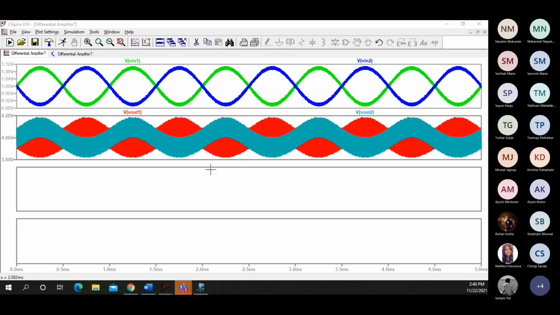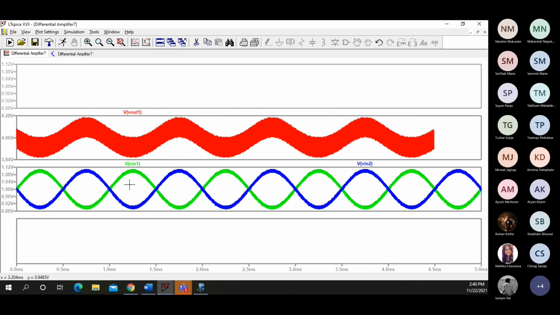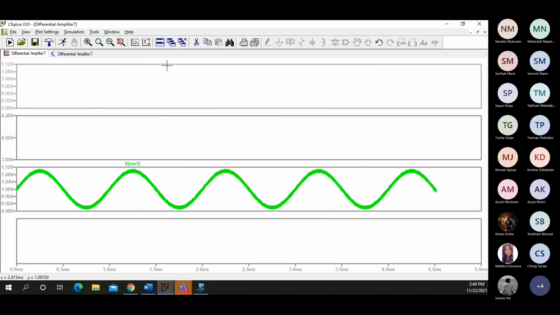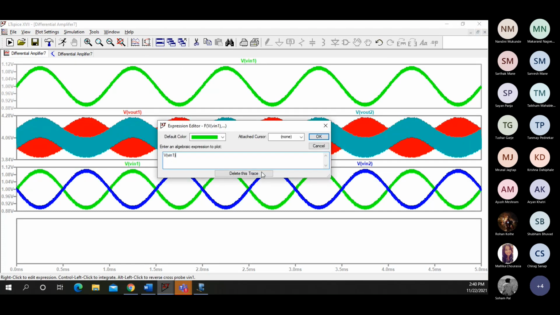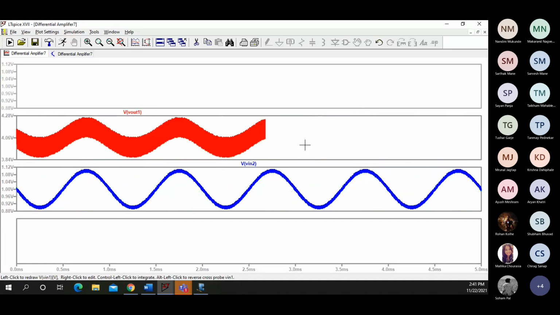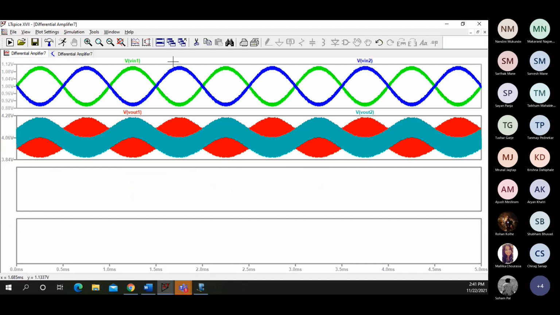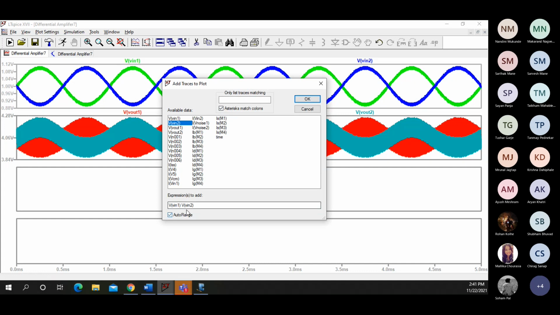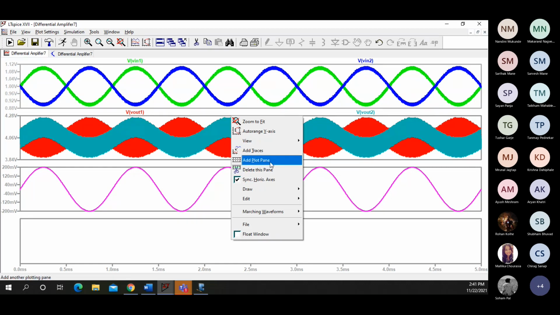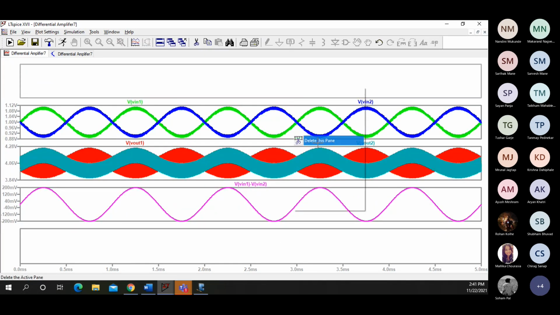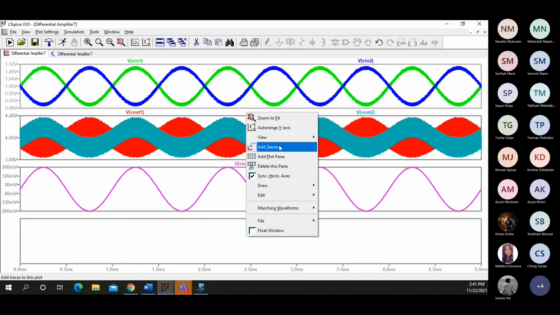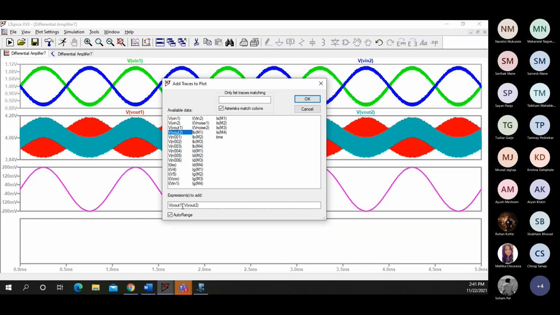Let's see whether this noise is now separable or not. Mean one minus a into Vout1.